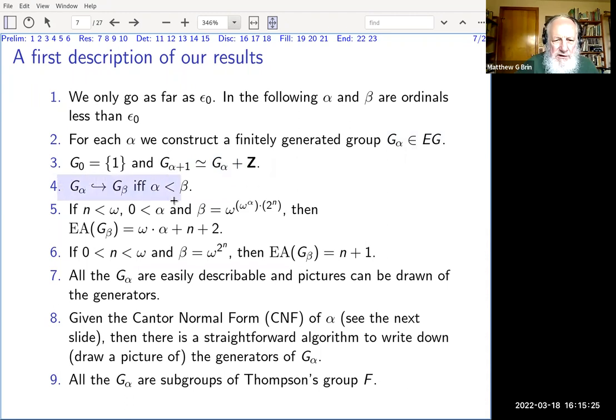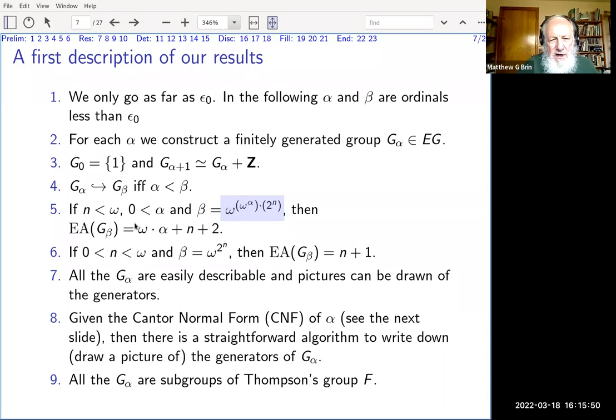The ordinals index the bi-embeddability classes. So these things go strictly up by bi-embeddability. They do not go strictly up by EA class, but they do go up. And if the index has this very special form, then we can tell you exactly what the EA class is.